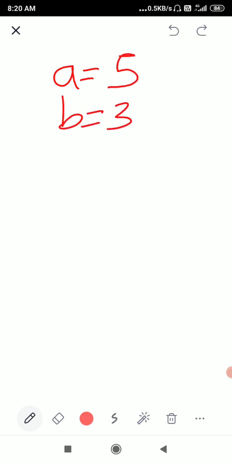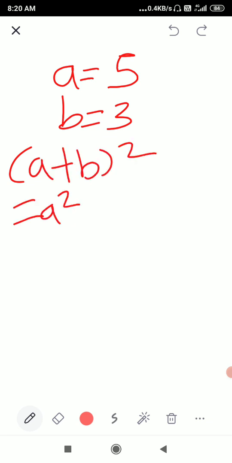But before going to that, we can verify the formula by substituting a and b with any number. Now I will take a is equal to 5 and b is equal to 3, children. Now a plus b bracket square formula, a square plus 2ab plus b square.